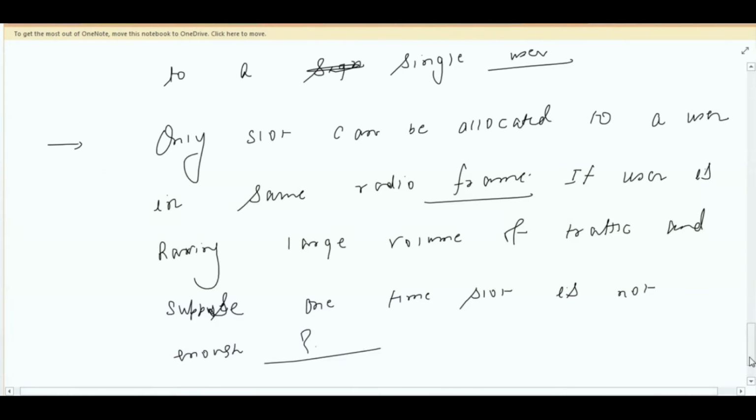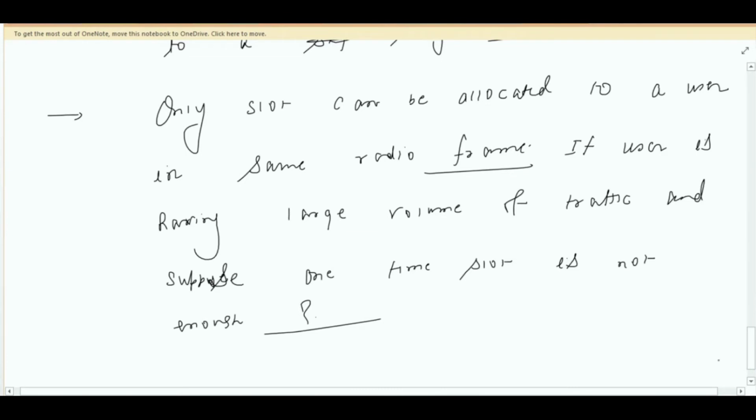Then you can say yes, more than one slot will be allocated to the user, but not in the same frame. That condition will never work. Next frame it will be possible.